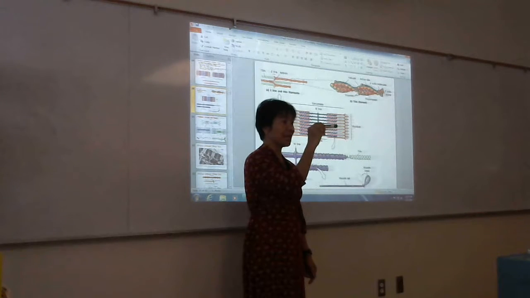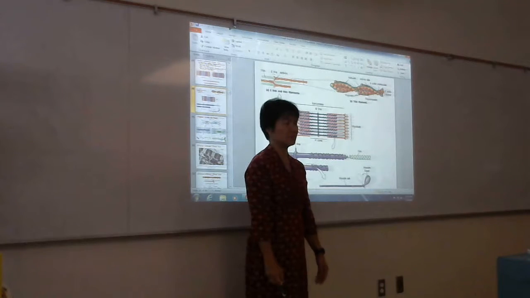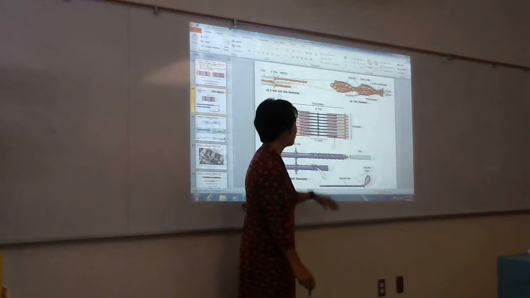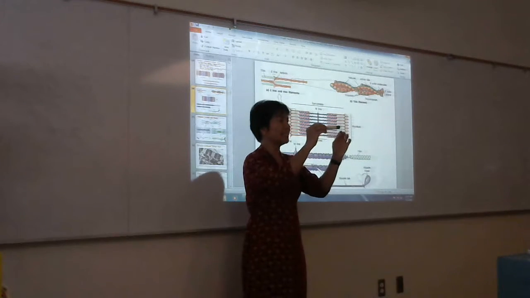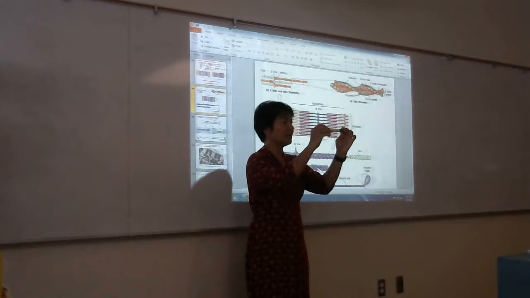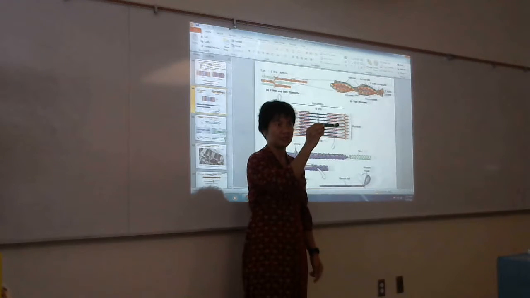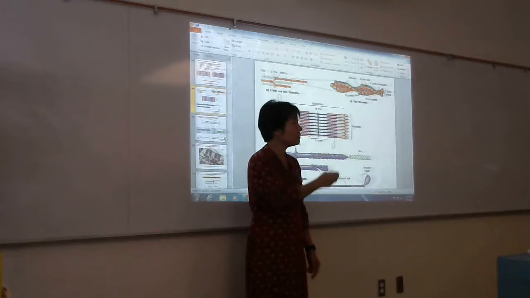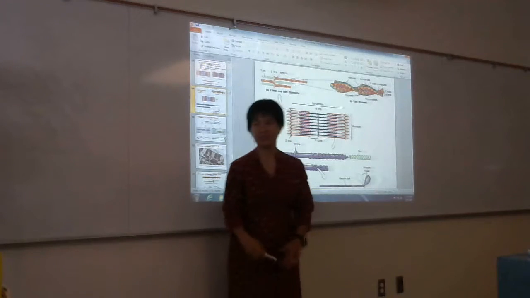What pulls it out of the way is calcium. You see? Okay? So in the presence of calcium, this troponin and tropomyosin will be pulled out of the way. It will rotate so that myosin will see the binding site of actin. You see? Okay? What releases the calcium? Nerve stimulation. You understand?